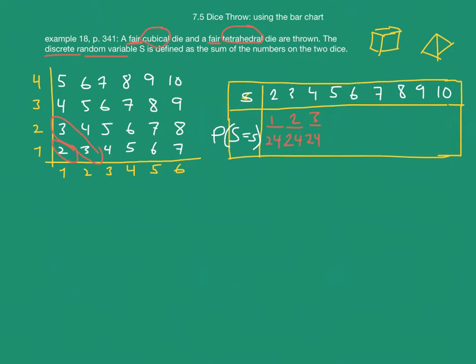For 5, it's 4 out of 24. And it remains for 6 as well. And for 7, it's also 4 out of 24. And for 8, it's 3 out of 24. For 9, it's 2 out of 24. And for 10, it's 1 out of 24.